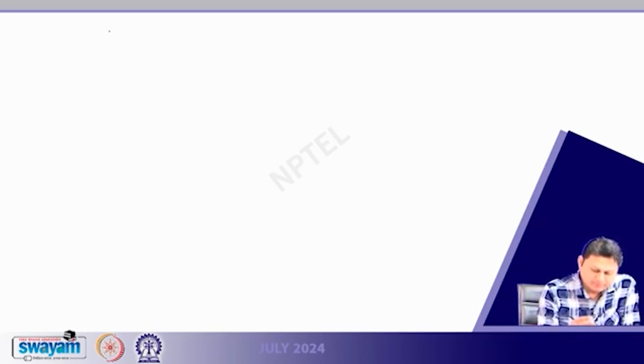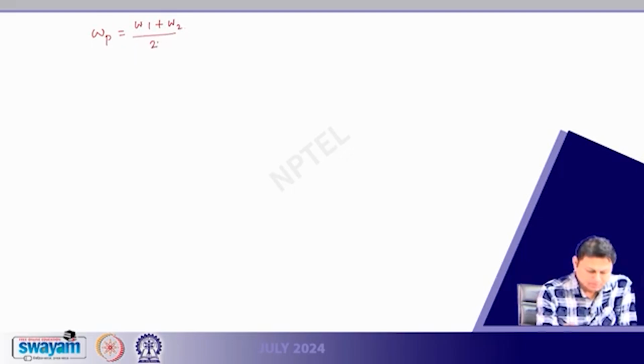Okay. Now, whatever terms we have, we can define omega p, that is the average omega, the sum of omega 1 and omega 2 divided by 2. Similarly, I can define Kp, which is the average of the propagation constants of these two waves, K1 plus K2 divided by 2.